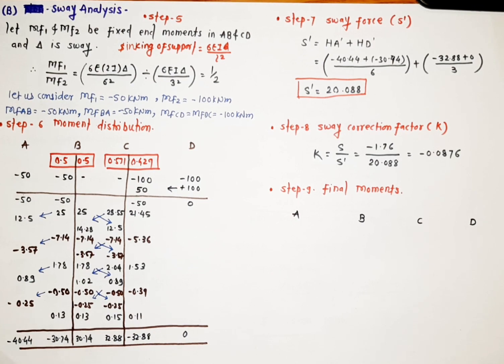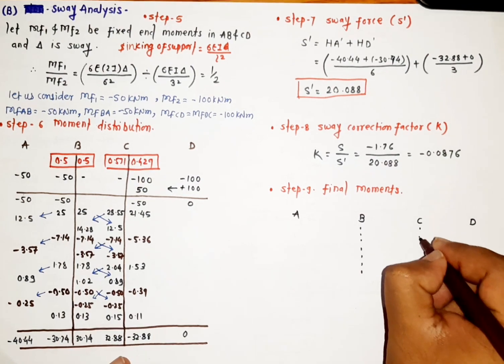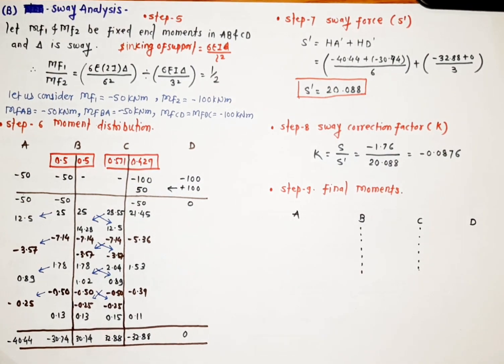Now let us first write down the moments we calculated due to the non-sway analysis. So here we have joint B, here is joint C. Ultimately we will write all the moments. First we will write the moments due to the non-sway analysis.